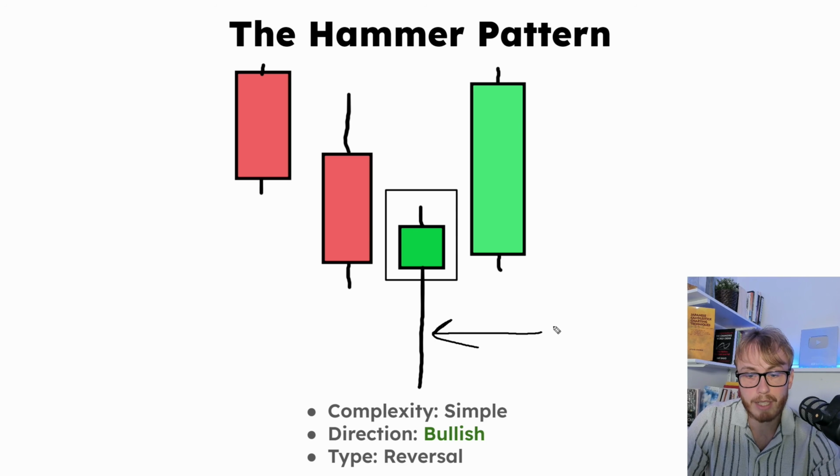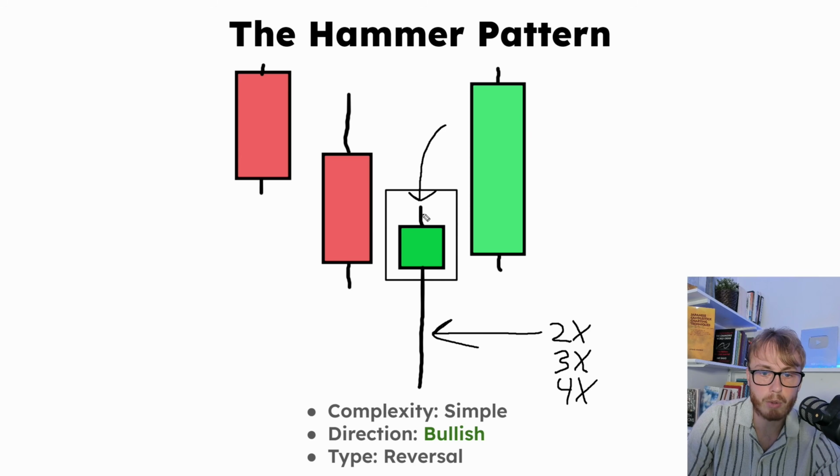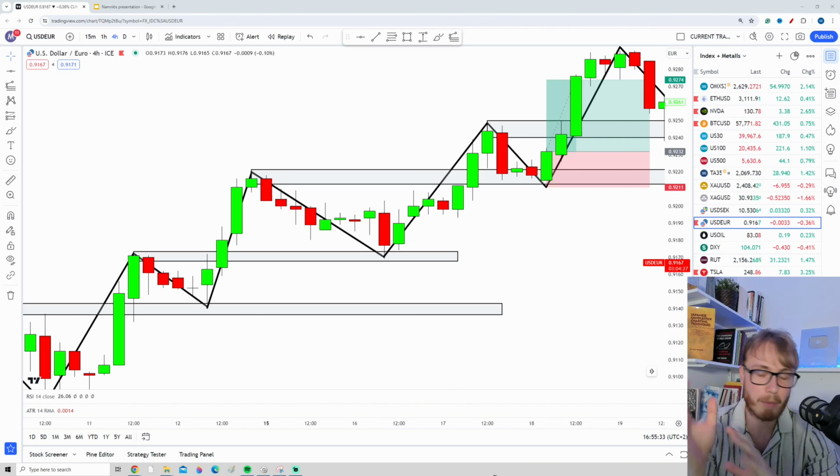And we want this wick to be at least twice the size of the real body, and preferably maybe 3 times or even 4 times as large as the real body. Also, when it comes to the upper wick right here, we want this wick to be either small or non-existent. As a rule of thumb, we want this wick to at least be smaller than the body of the candle.